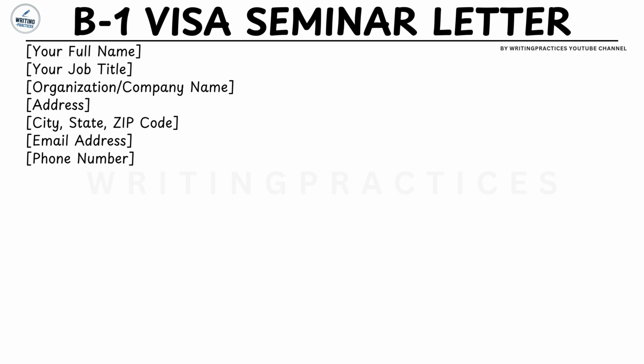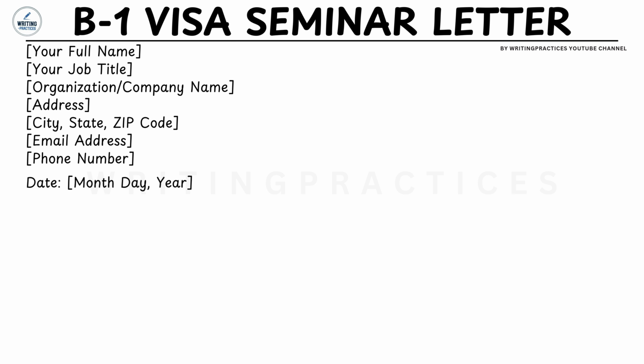For example, you might write your full name, your job title, organization or company name, address, city, state, ZIP code, email address, phone number. By including all of this, you're showing professionalism and making it easy for the embassy to contact you if they need clarification.